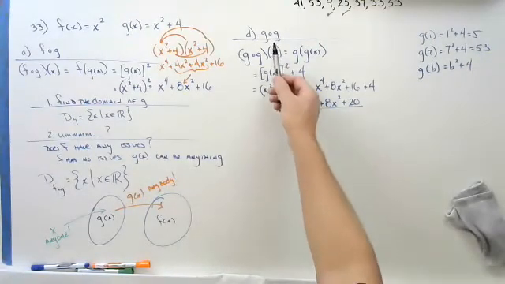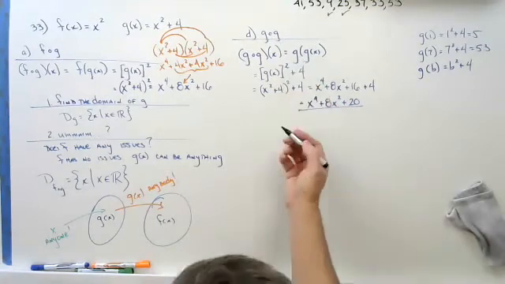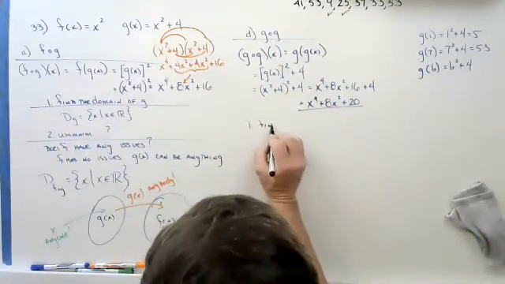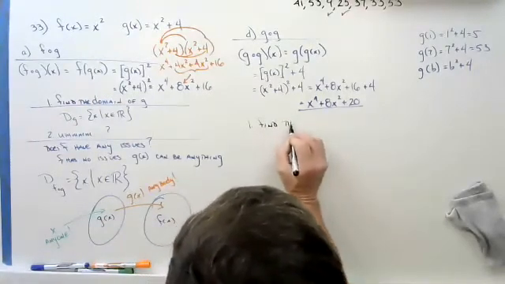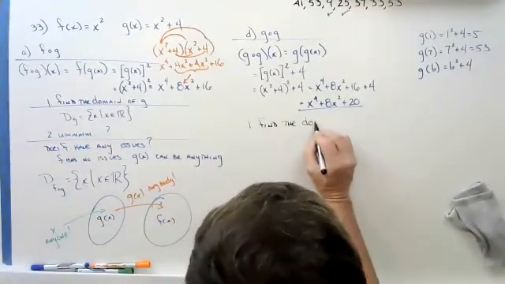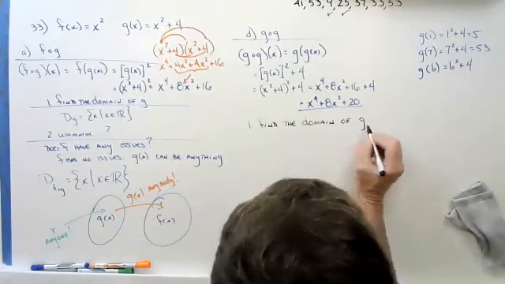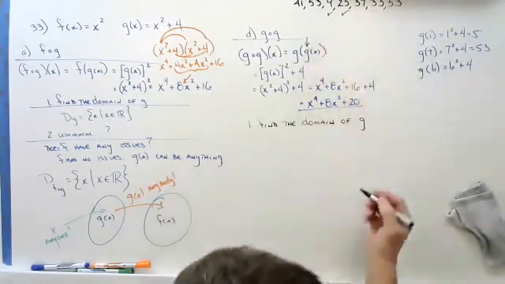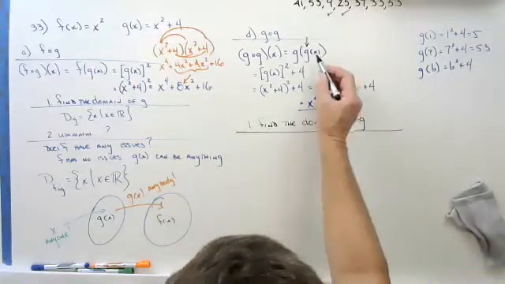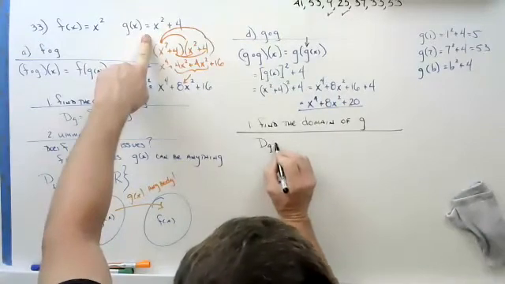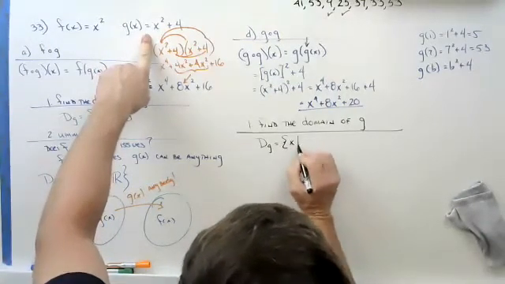If we look at g composed with g, our first step is to find the domain of g. That's step one. We always find the domain of whoever is inside. Well, g is a polynomial, so the domain of g is all reals.